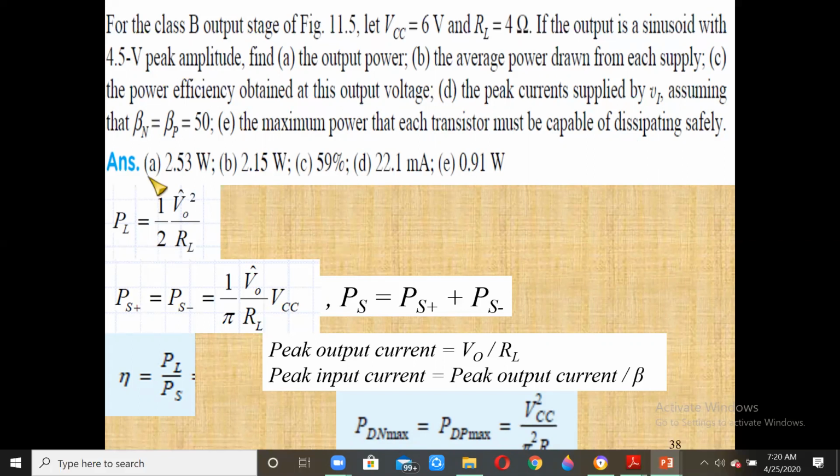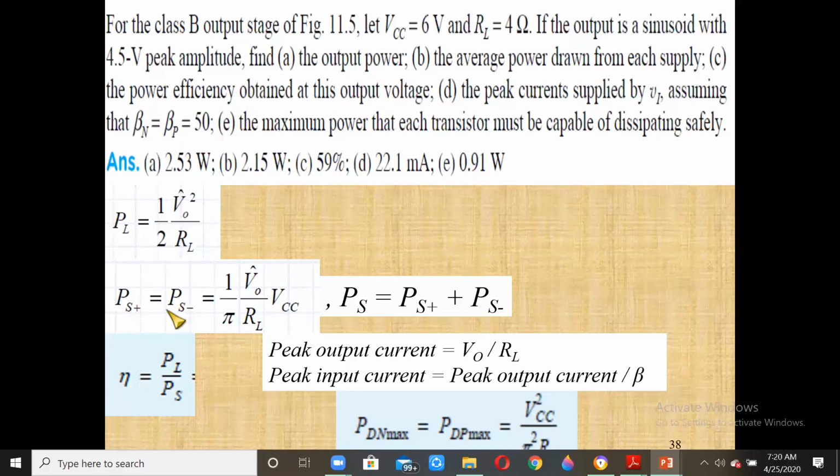So if we take them up, the first one, the output power, is basically the load power, that is 1 by 2 V naught square by RL. So V naught square is 4.5 square, by 2 into 4, and we will get the value, which is 2.53.